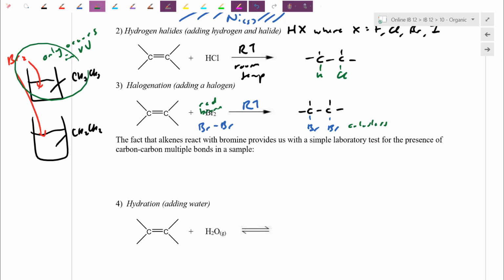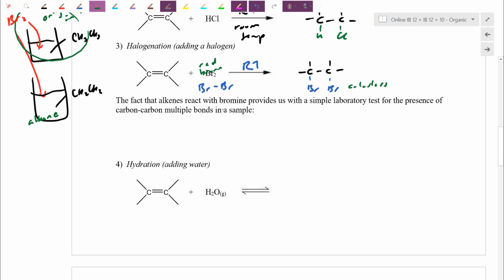Whereas in this case, the bromine just naturally adds to it. If this reddish brown liquid is already reacting at room temperature when you add it, that's an indication that this one is actually the alkene, because the other one needs to be in the presence of UV light. You can verify that: pulse a little bit of UV light in there, and then that reaction would actually occur. The bromine color would slowly disappear.